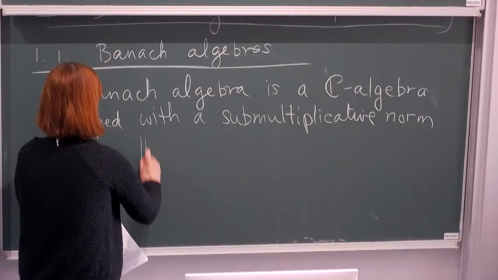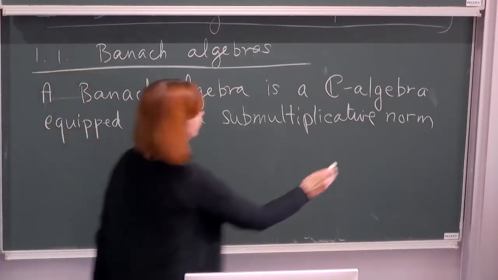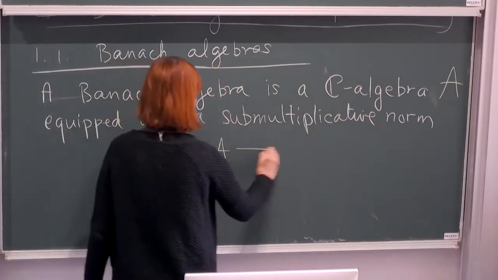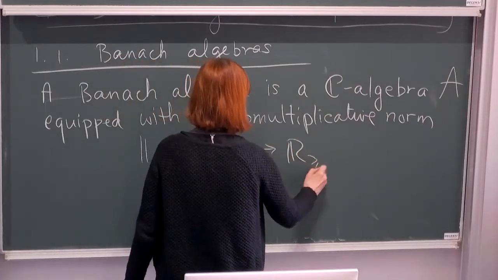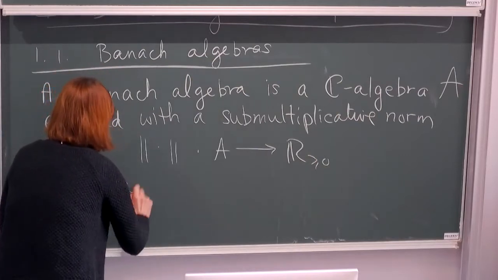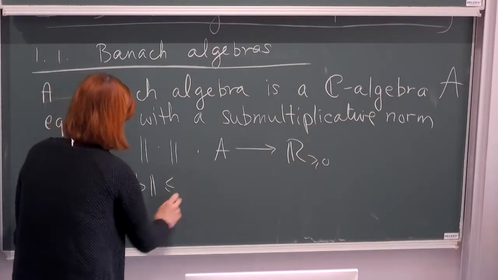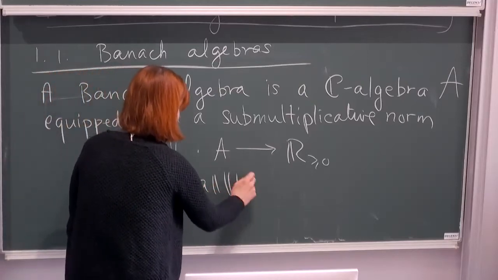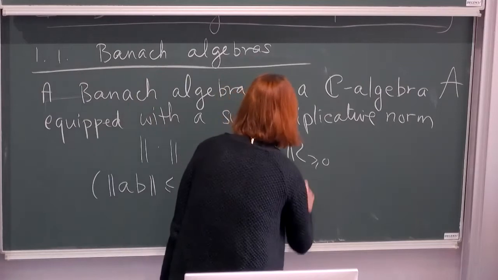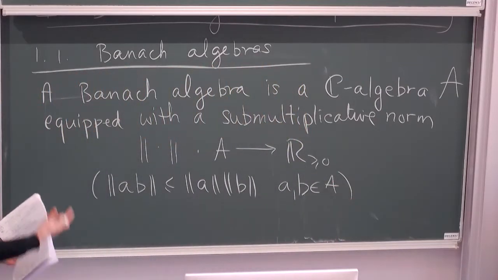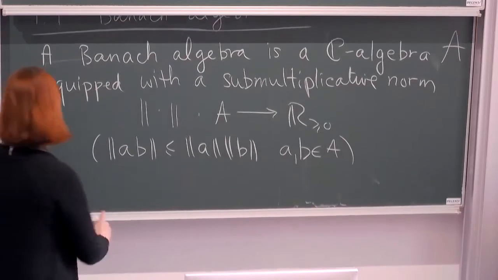Let's call this A. By submultiplicative, I mean the norm of A times B is always less than or equal to the norm of A times the norm of B. And we want it to be complete with respect to the norm.